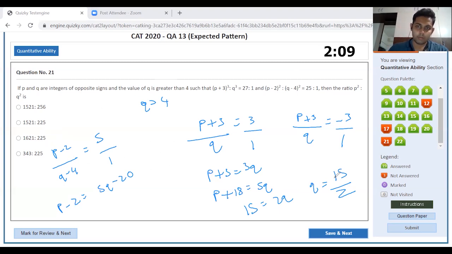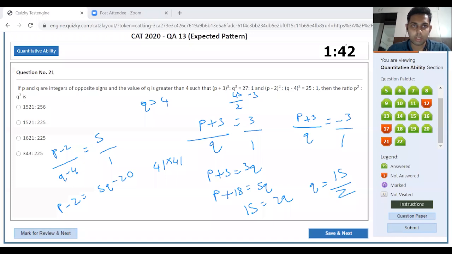So if this is the case, okay, let's just check it out once. 3Q, right? So 45 by 2 minus 3, 3 to the 6, that is 41. So 41 into 41 is how much?